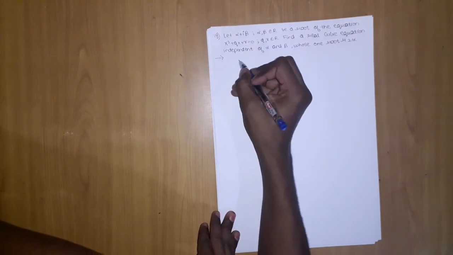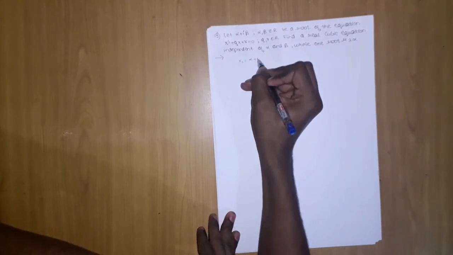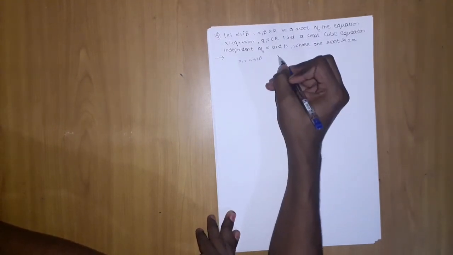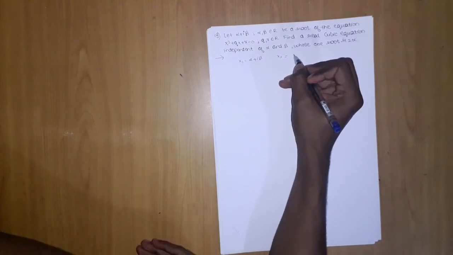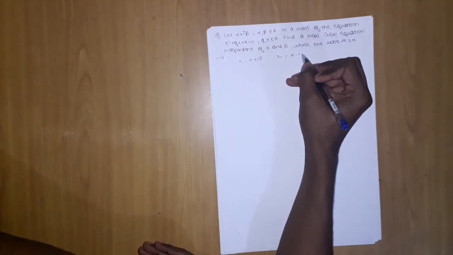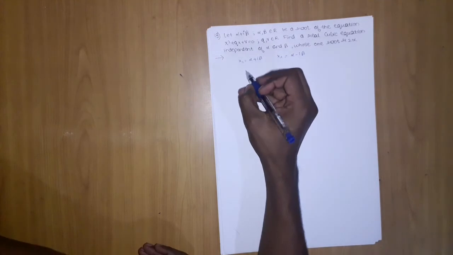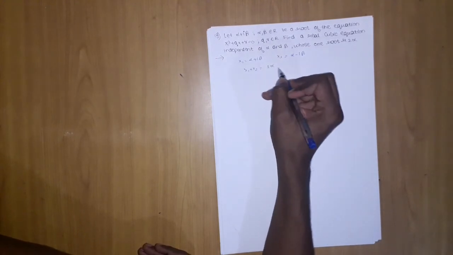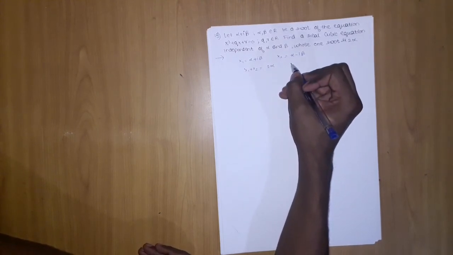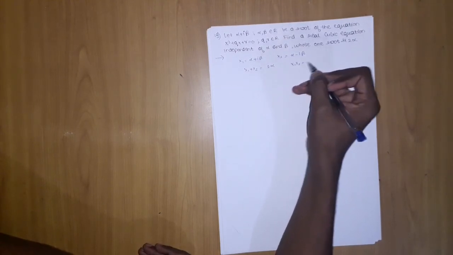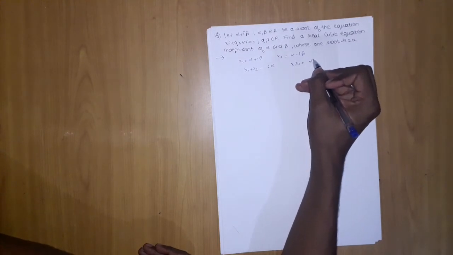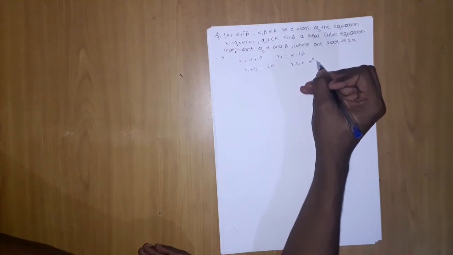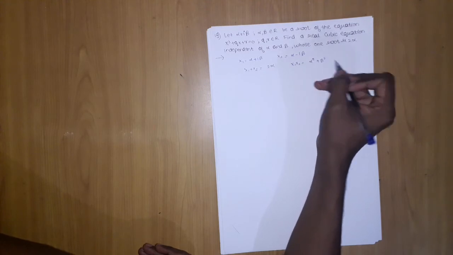Now if I call it x1, this alpha plus iota beta, this is a complex root, so x2 will be its conjugate, which will be alpha minus iota beta. Now x1 plus x2, what we have, it will be 2 alpha, and x1 into x2 will be alpha square plus beta square.